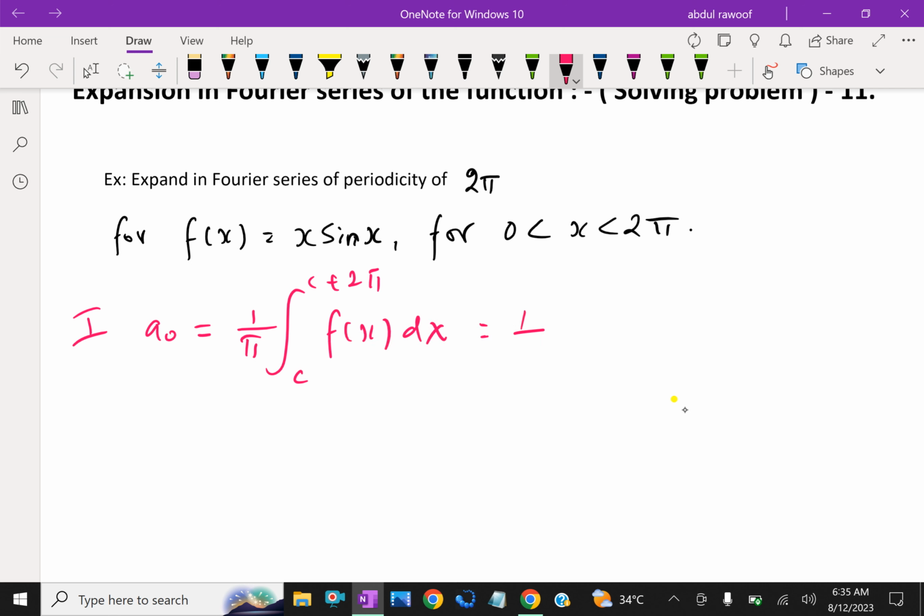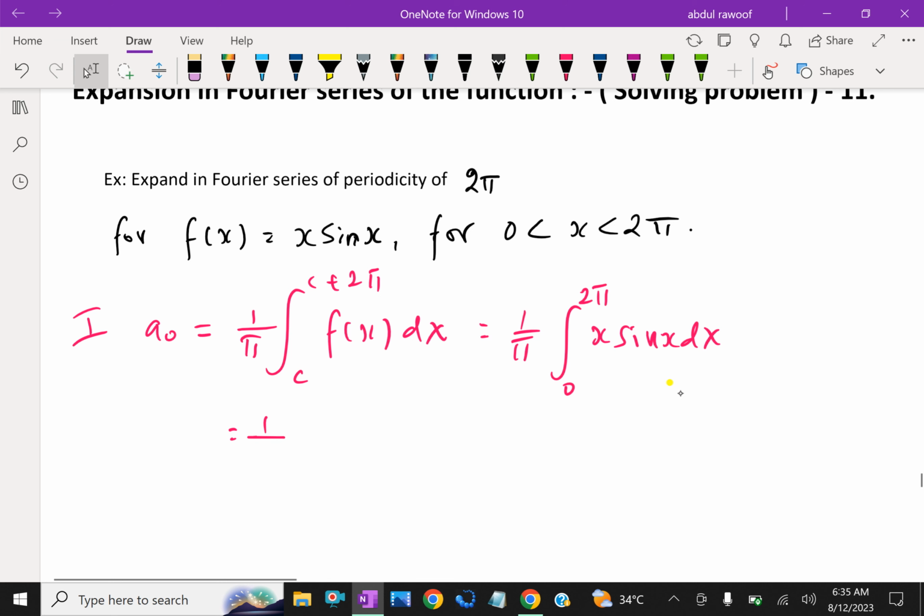Here, 1 by pi integral with c equal to 0, because this limit is 0, and 2 pi, of x sin x. f of x is x sin x, as given. Now we are integrating x sin x.